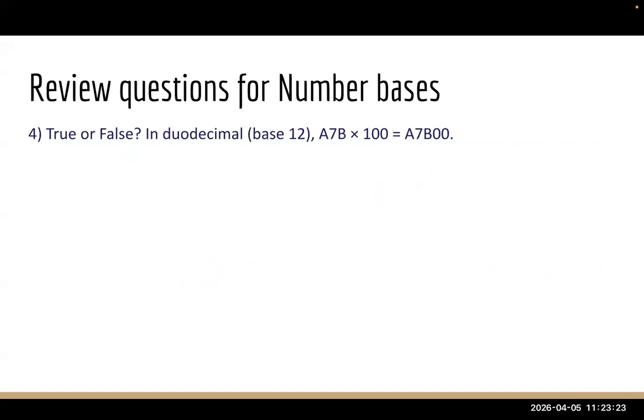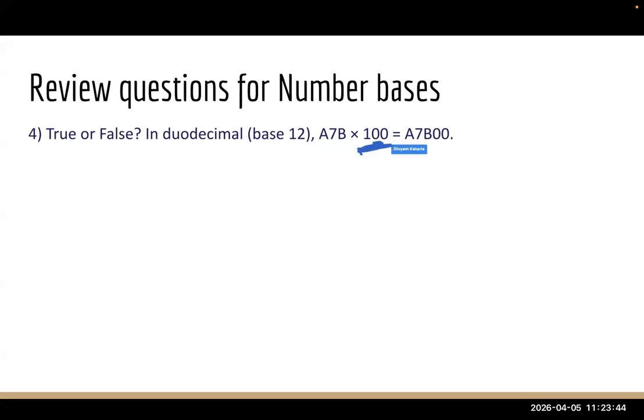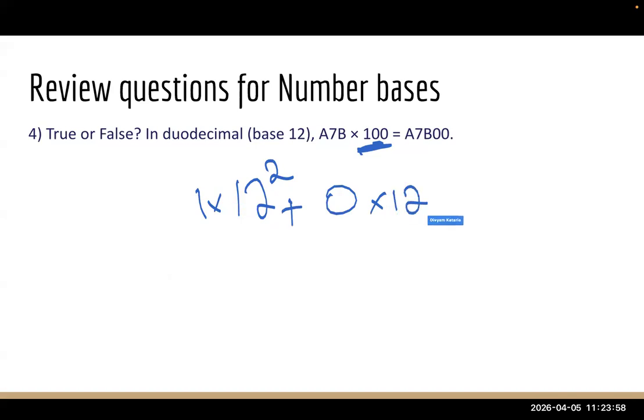Now, is it true or false? In duodecimal, which is basically base 12, A7B multiplied by 100 equals A7B100. Now, what happens is in base 12, the written number 100 actually represents 12 squared. Now, how do we know that? 1 multiplied by 12 squared plus 0 multiplied by 12 to the power 1 plus 0 multiplied by 12 to the power 0.